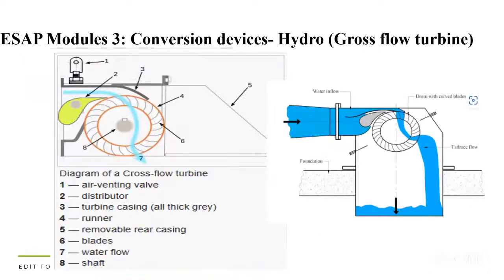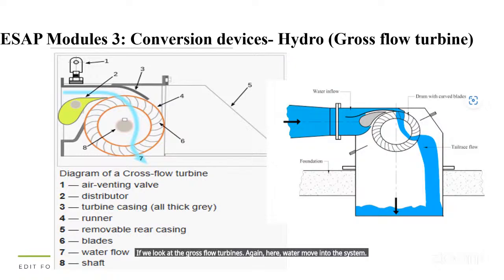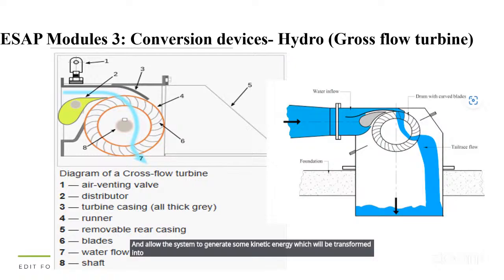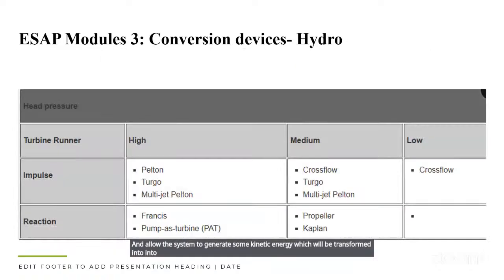If we look at the cross-flow turbines, again here, water moves into the system, and you have the curved blades which rotate and allow the system to generate some kinetic energy which will be transformed into electricity later by another system. So this table is very important if someone is looking at these conversion systems and comparing them in terms of their characteristics.